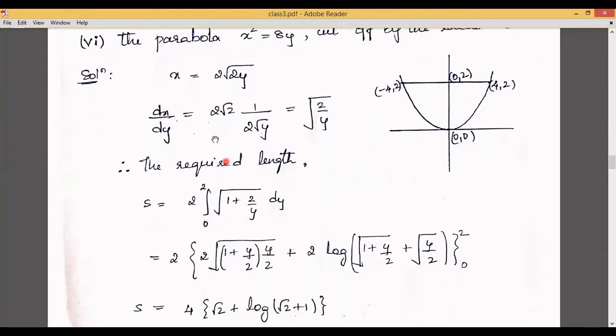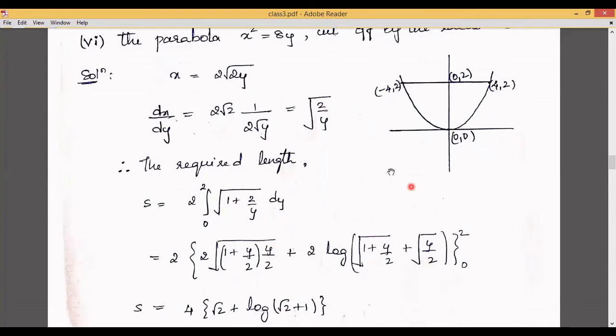So here anyhow we have found out what dx by dy is, that is root of 2 by y. Once you use this in the formula, you have root 2 by y the whole square, so that will be 2 by y simply, root of 1 plus 2 by y. Here also I have used the formula directly, from problem 4.